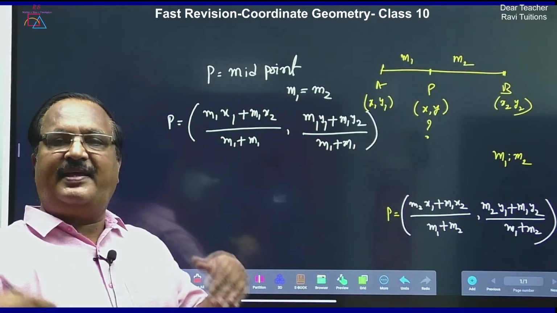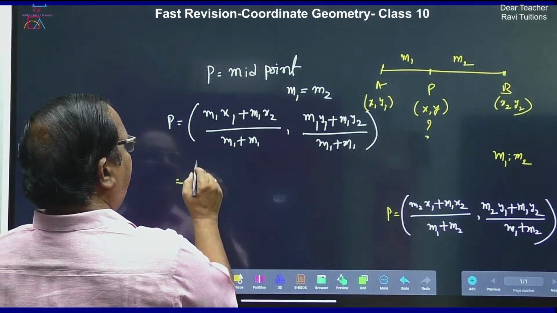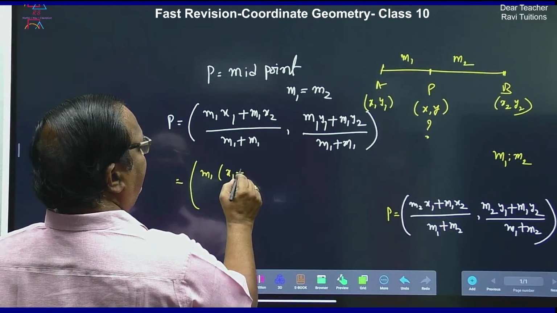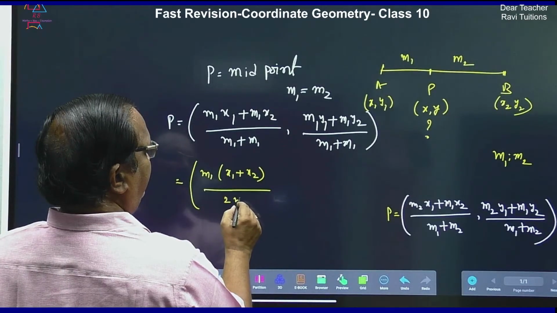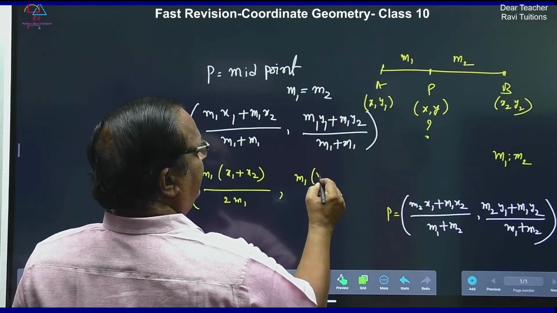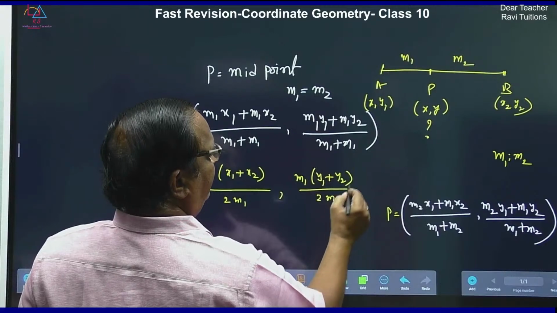All are m1, m2 is eliminated. Then on the top you can take m1 common, x1 plus x2 by 2m1, comma, here also you can take m1 common, y1 plus y2 by 2m1.